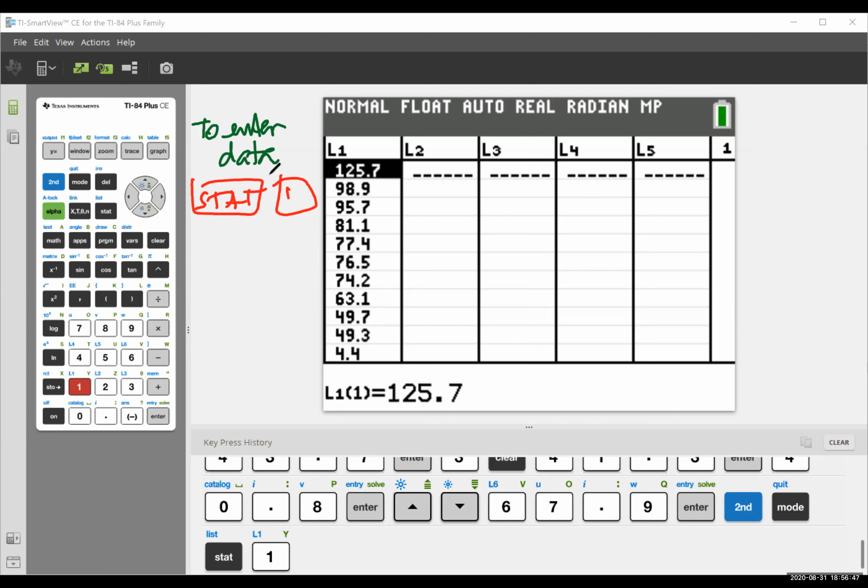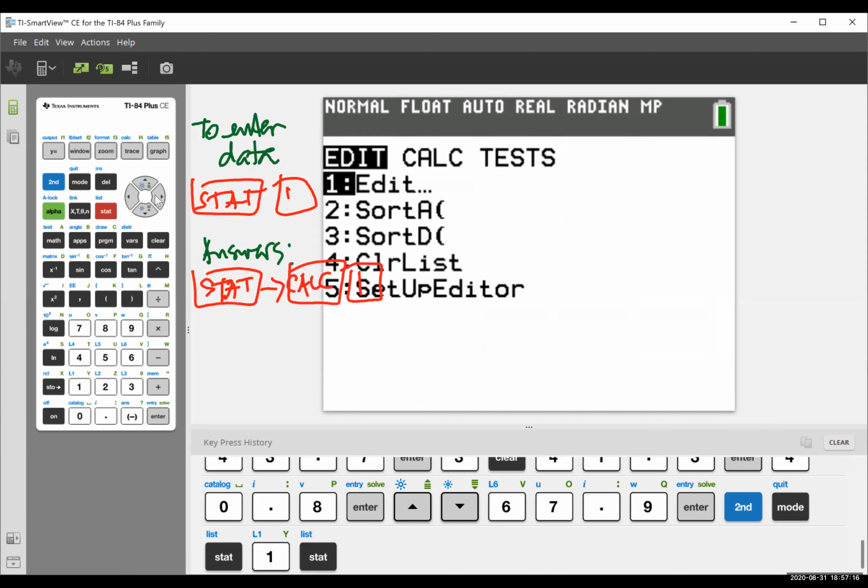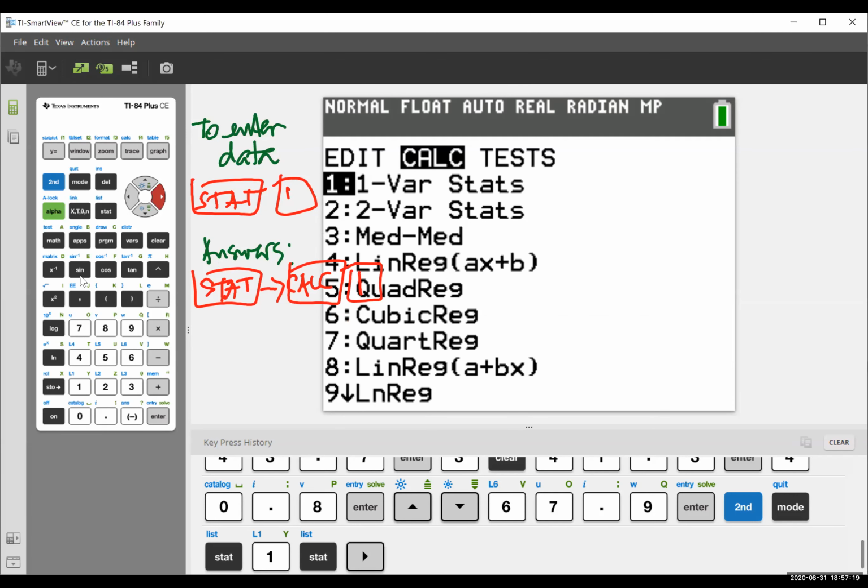Okay, and then to get the answers, you have to use stat, arrow to the right, calc, and then 1. So let's do that. Stat, arrow to the right to highlight calc, and then 1.